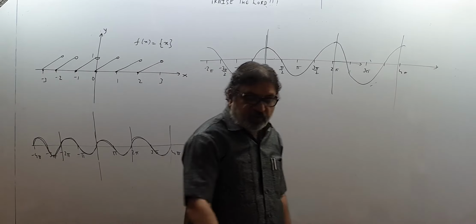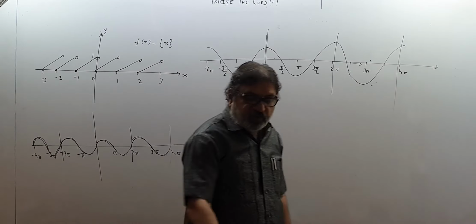And you will be surprised to know that this is 1 and this is minus 1, supposing. This is height 1, and this height is minus 1. This is pi by 2, this is 5 pi by 2, this is 3 pi by 2. How it is happening, you will learn. This is minus pi by 2, this is minus 3 pi by 2, right over here.